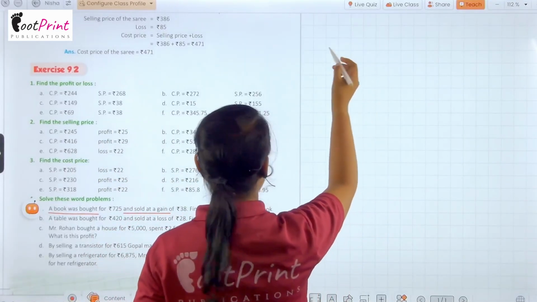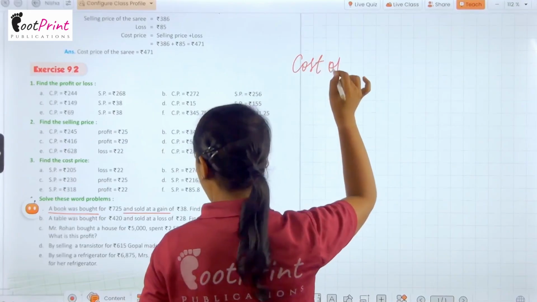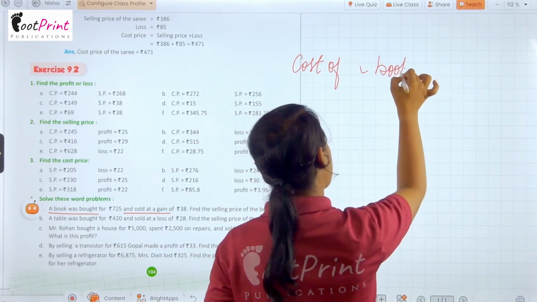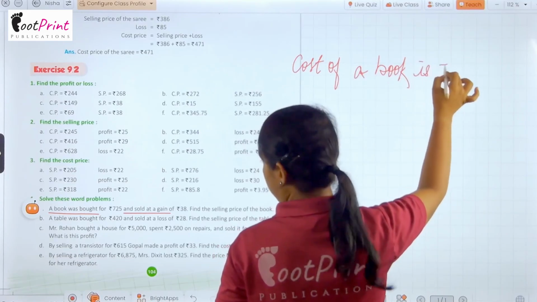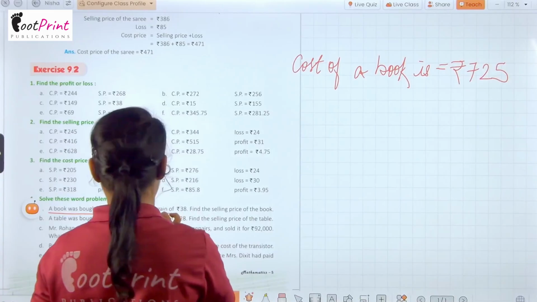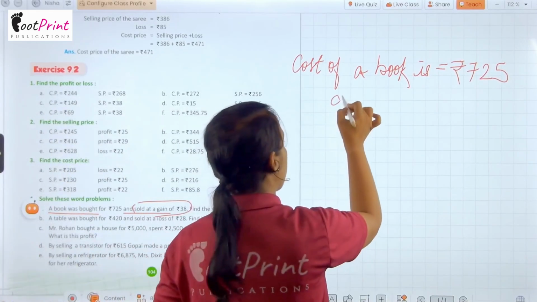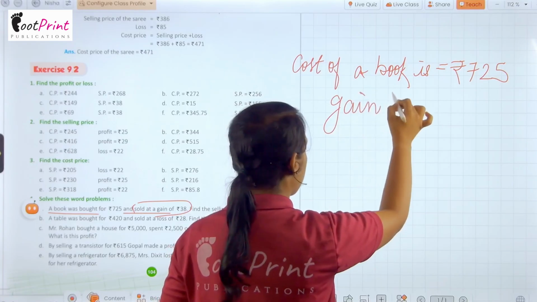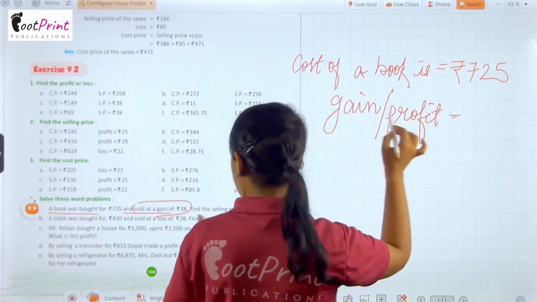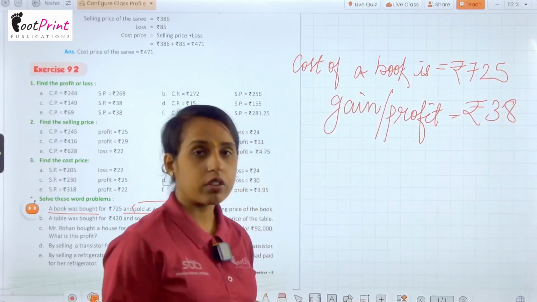So here we write cost price of a book is 725 rupees. Okay, and he sold it at a gain of 38 rupees. So gain means profit. Okay, you can say gain or profit. Both are correct. So gain is of 38 rupees.